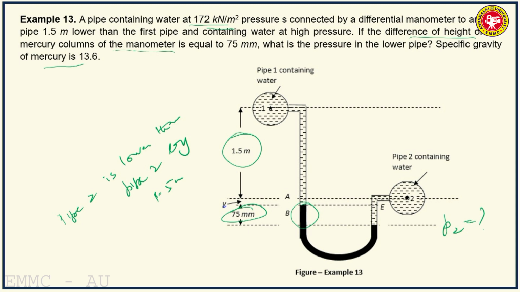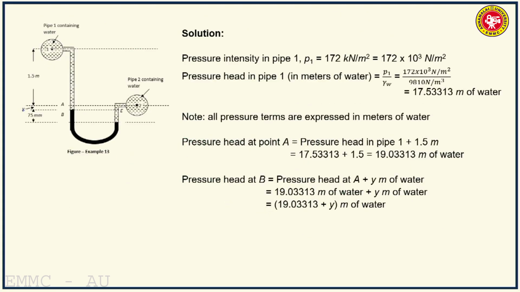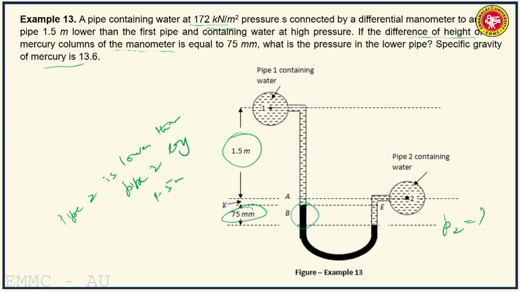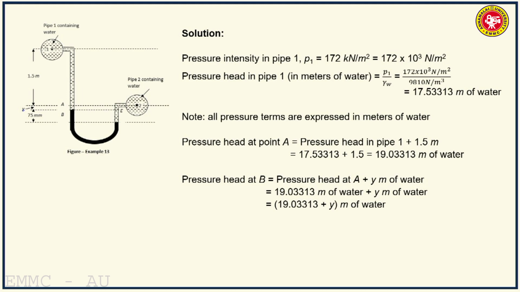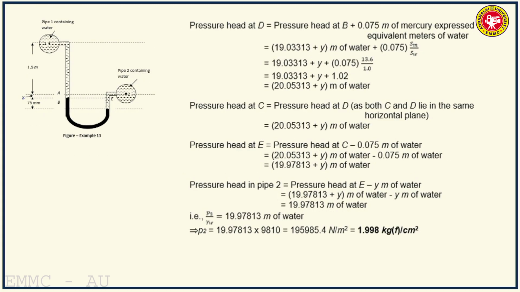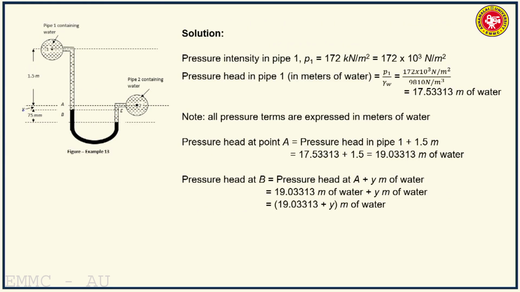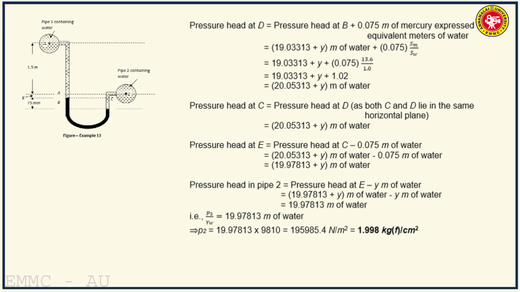Specific gravity of mercury is given. This is in fact C.